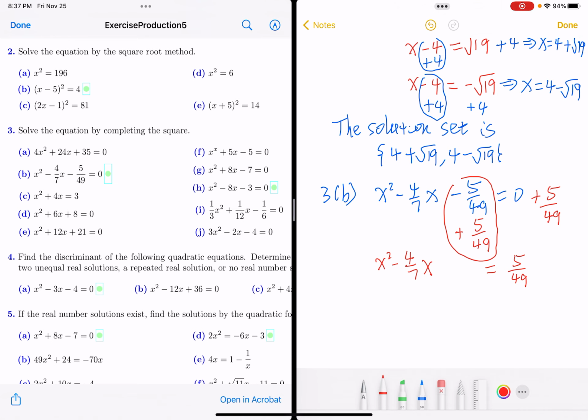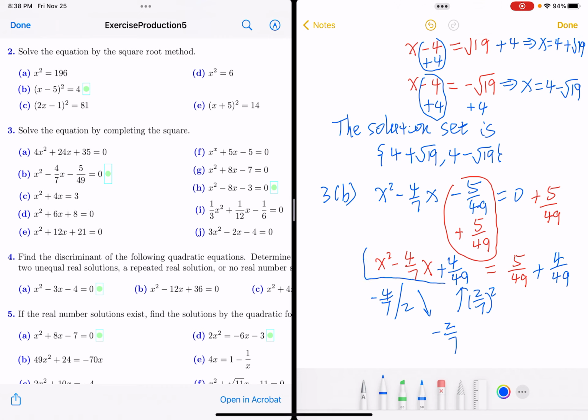Now, this number is divided by 2. So we then have negative 2 over 7. And then square this number, 2 over 7. Then we shall have 4 over 49. Well, then the right-hand side also needs 4 over 49.